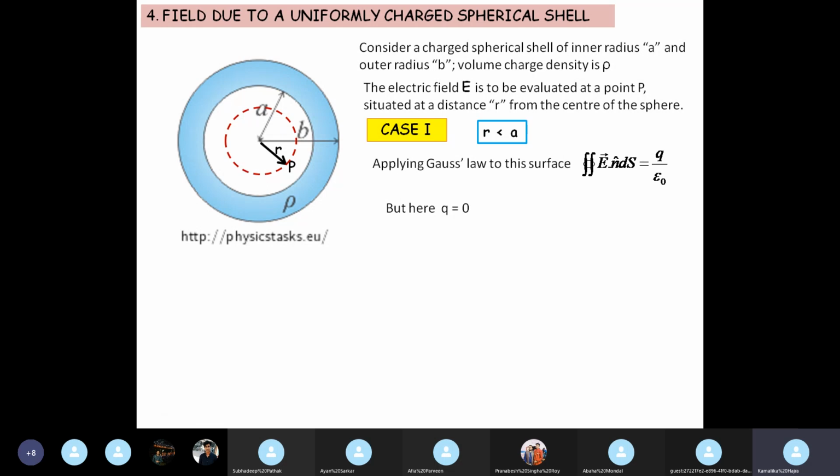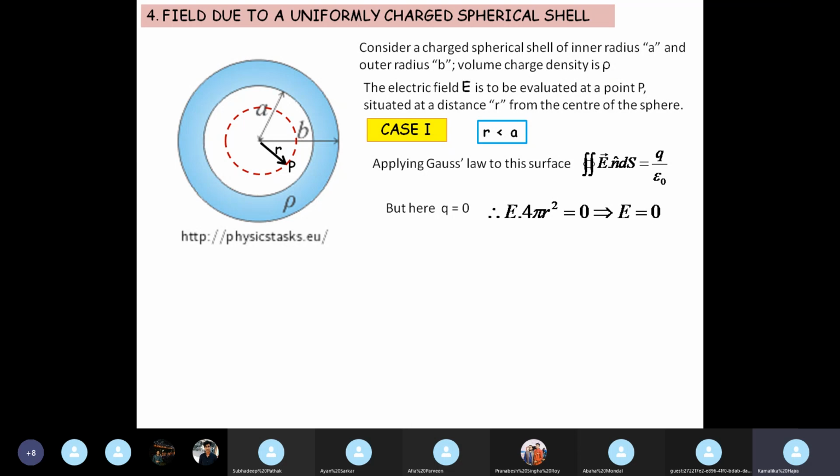So Q is 0. So when you are trying to find the electric field inside this shell, applying Gauss's law, since the enclosed charge is 0, in E into 4 pi r square, the right hand side you put Q equal to 0, so E equals 0.